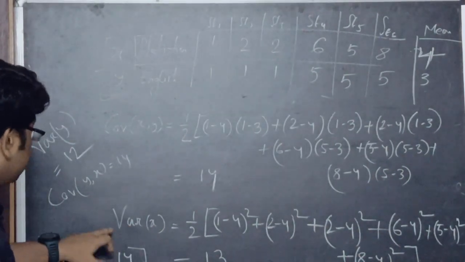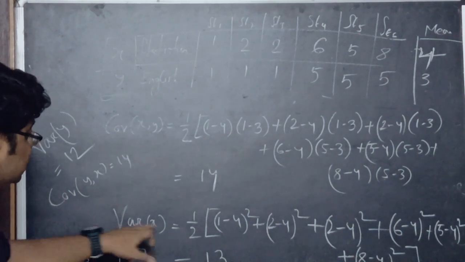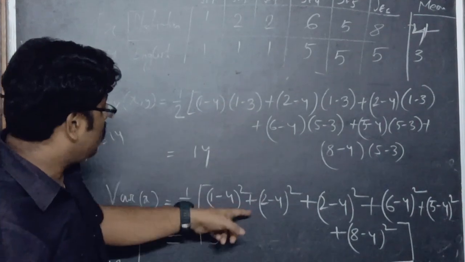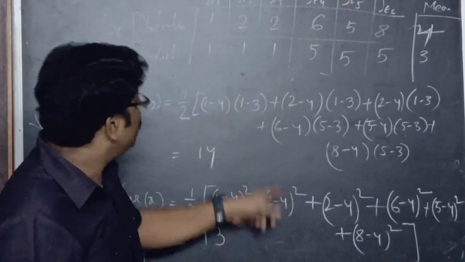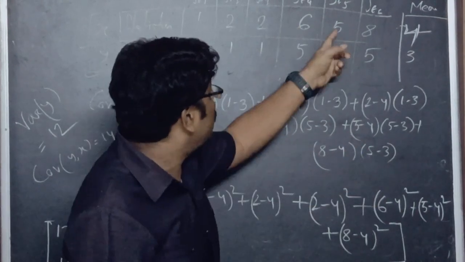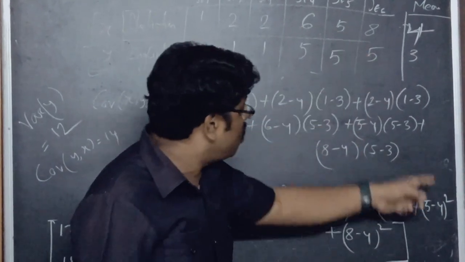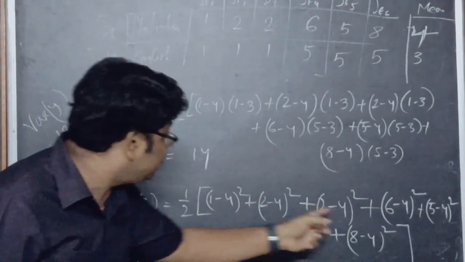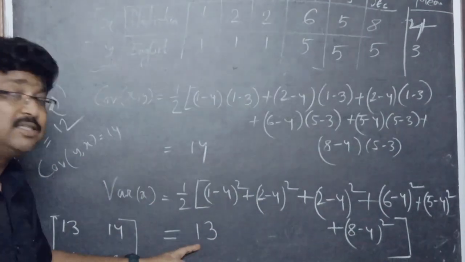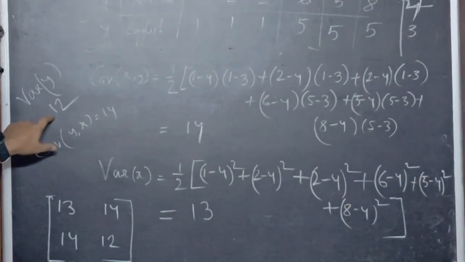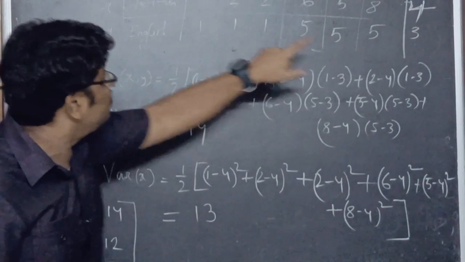Now the variance of x is 1 by 2 times, 1 minus 4 whole square, 2 minus 4 whole square, 2 minus 4 whole square, 6 minus 4 whole square, 5 minus 4 whole square, 8 minus 4 whole square. After solving this, the variance of x is 30. In the same way, the variance of y is 12, that is 1 by 2 times the sum of the squares of y minus 3.